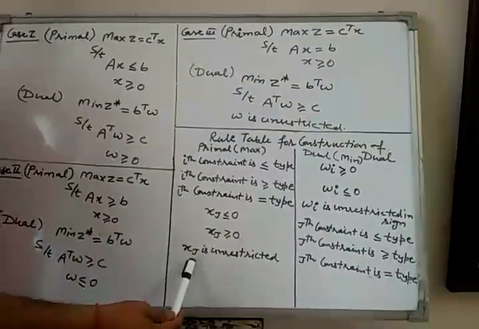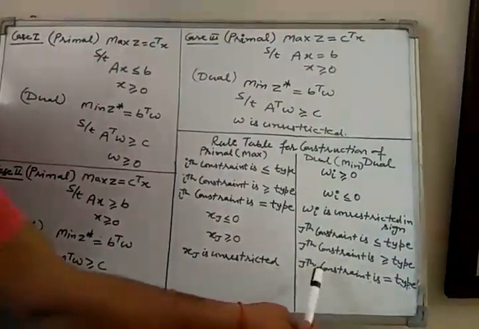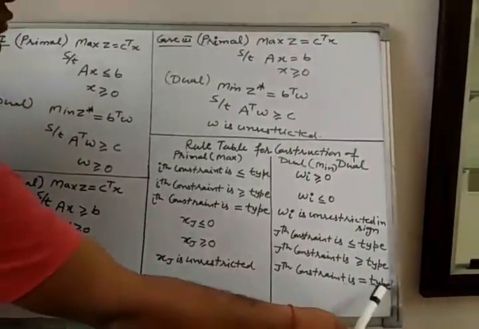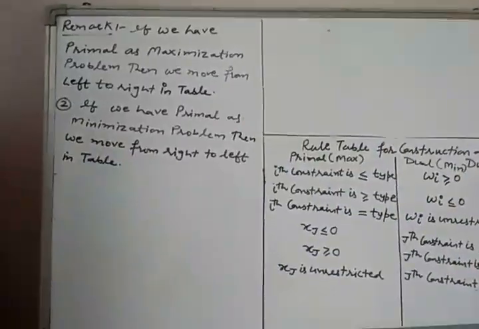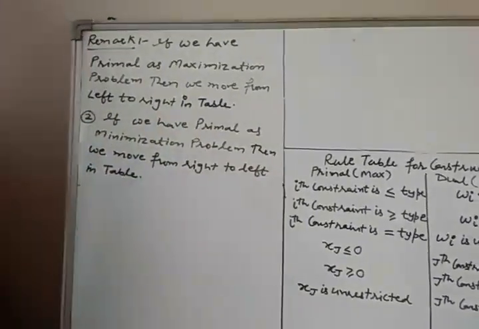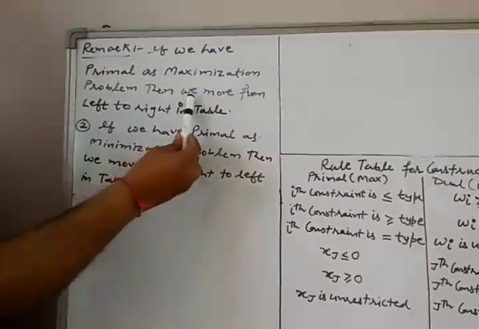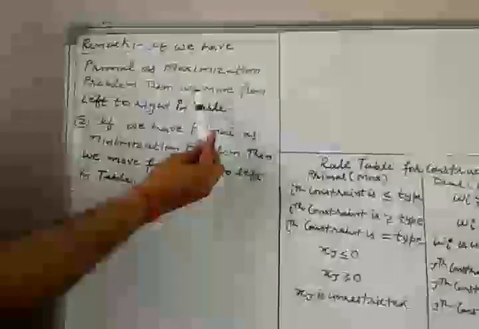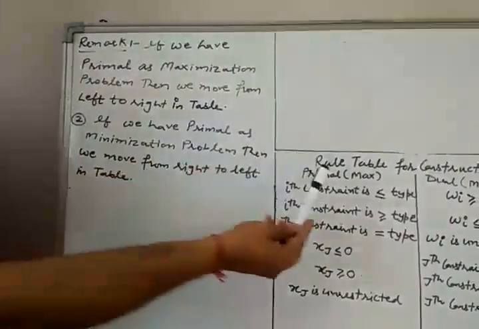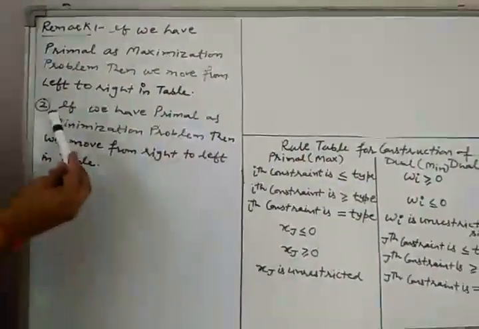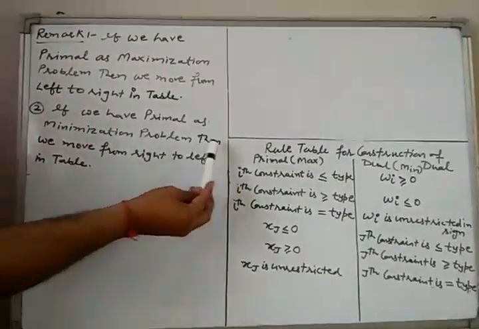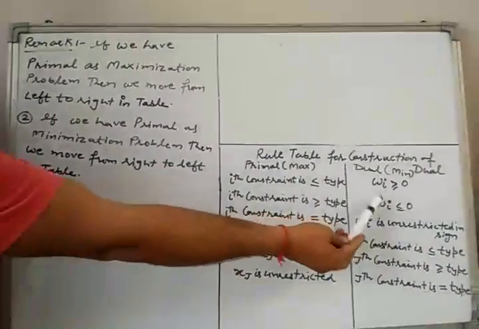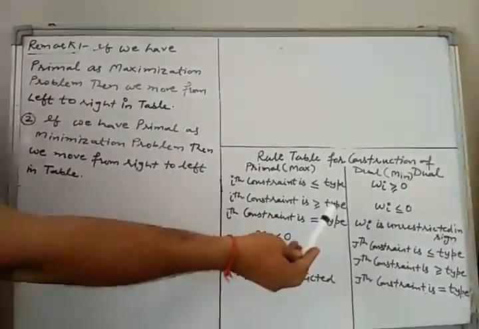If the jth primal variable is unrestricted, then the jth dual constraint is of equality type. If we have the primal as a maximization problem, then to make its dual we move from left to right in the rule table. And if we have the primal as a minimization problem, then we move from right to left in the rule table.